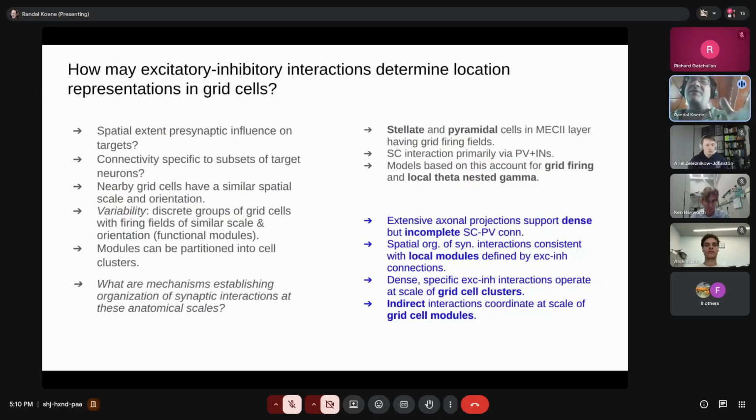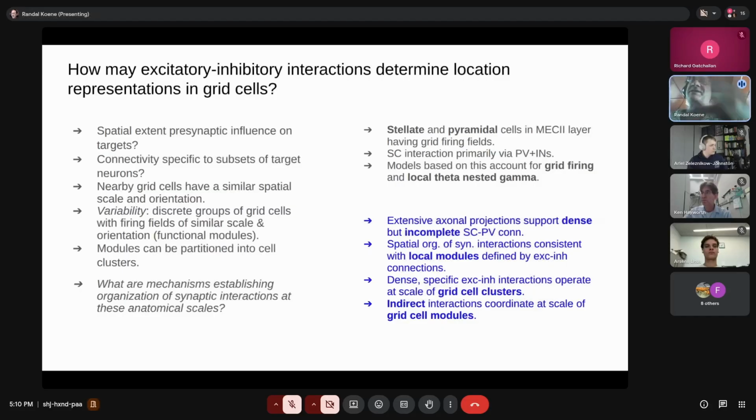Grid cells in the medial entorhinal cortex have an anatomical organization with features similar to the columnar organization of sensory cortices, and nearby grid cells have a similar spatial scale and orientation maintained across superficial and deep cell layers. For grid cells at different dorsoventral locations, so that's top down from, say, back to belly, the scale and orientation of their firing fields varies, with larger scales found in the more ventral neurons, so the neurons towards the belly.